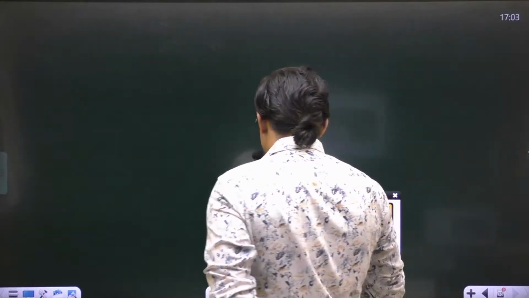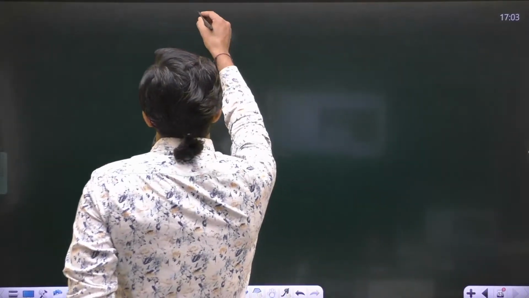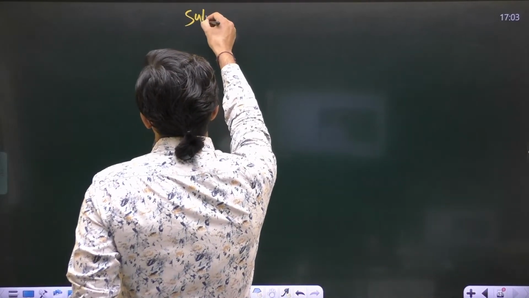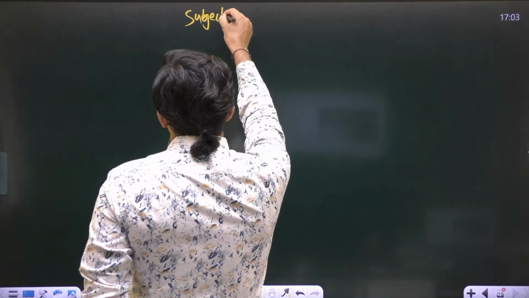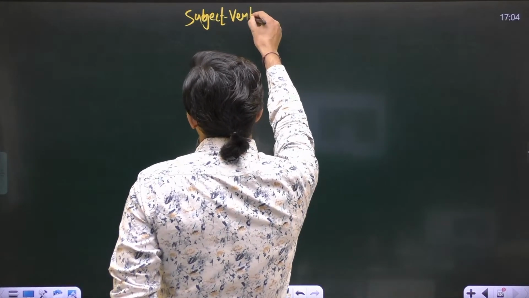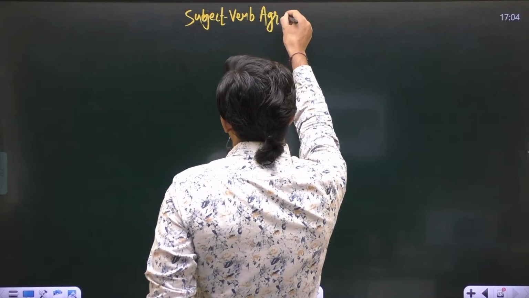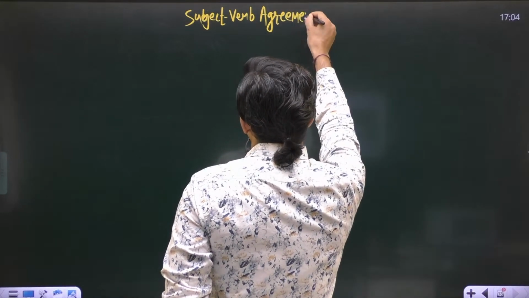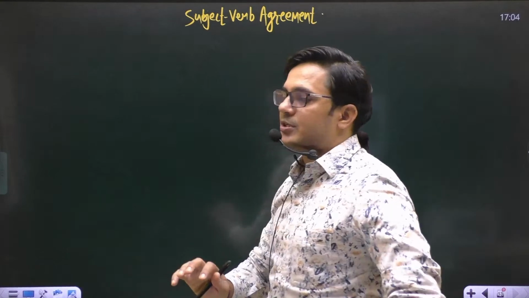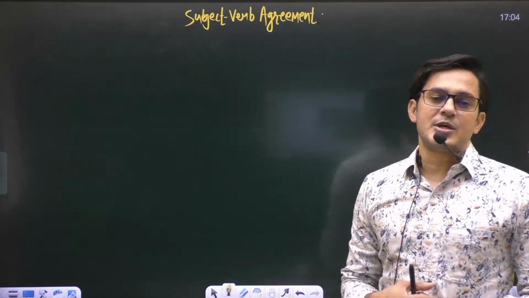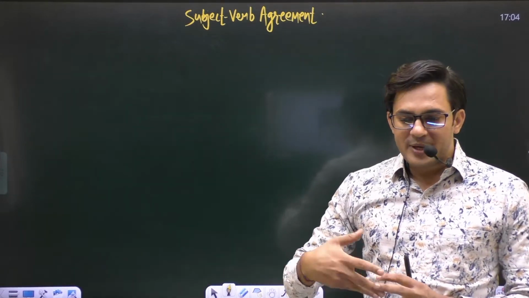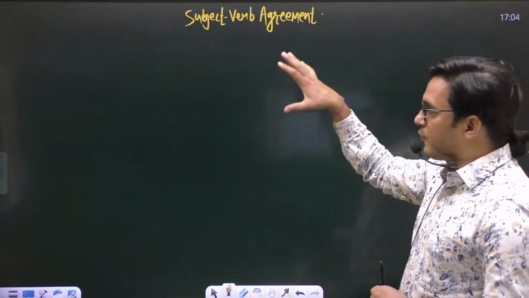So let's start. If you talk about subject verb agreement, you know why we are discussing this chapter? This is one of the most important chapters which comes in your exam, right? Many questions come from this chapter.